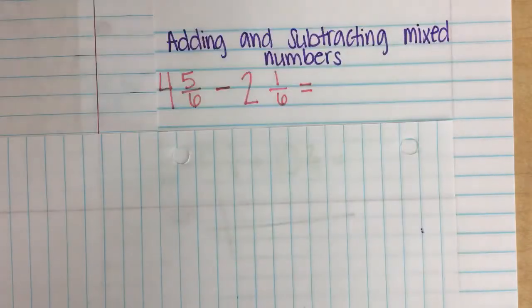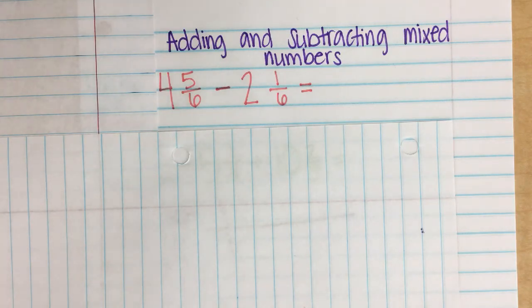So now let's look at adding and subtracting mixed numbers. Now we talked about in class that a mixed number is a number that has a whole number and a fraction together. So I'm looking at these and I see 4 and 5/6 minus 2 and 1/6.